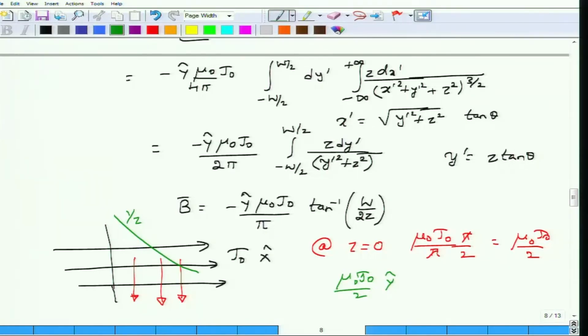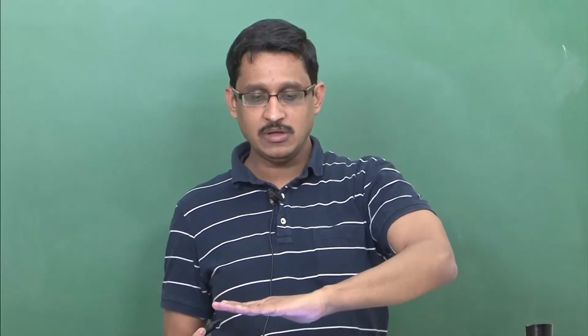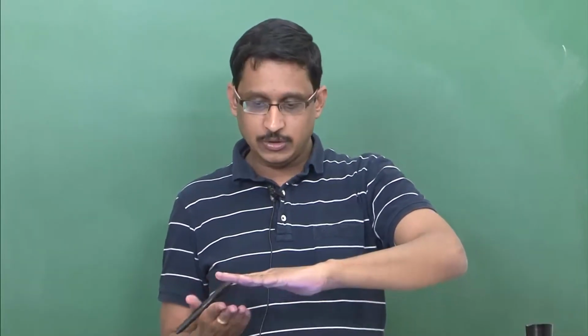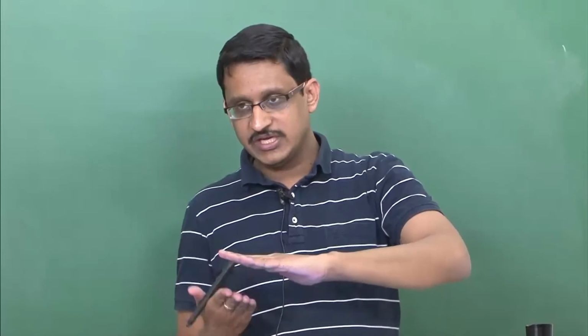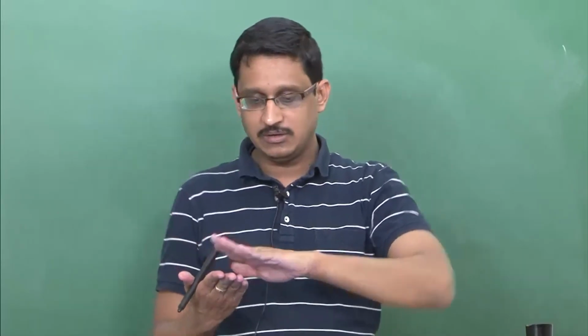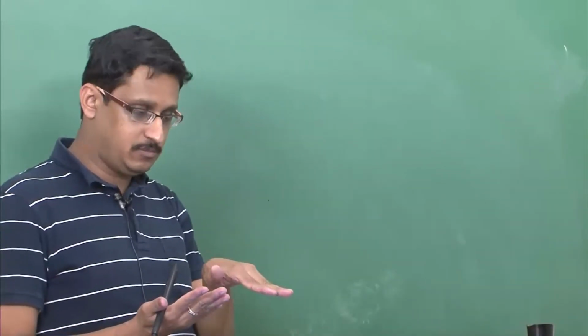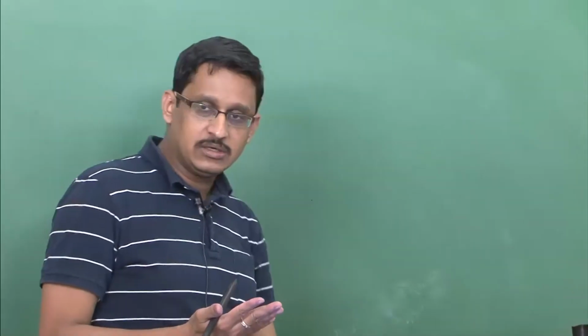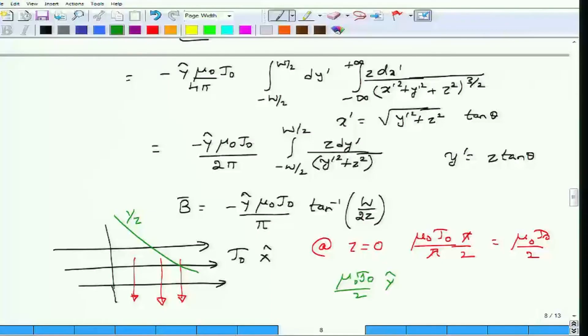So if you come from top to bottom, you will see that the field lines start at 0 at infinity and then gradually increase, and then there will be a constant value as you come to the z equal to 0 plane. But at the bottom they would change the signs, right. So they would actually be directed along the plus y direction, and then they would decay towards 0 in the plane z less than 0.